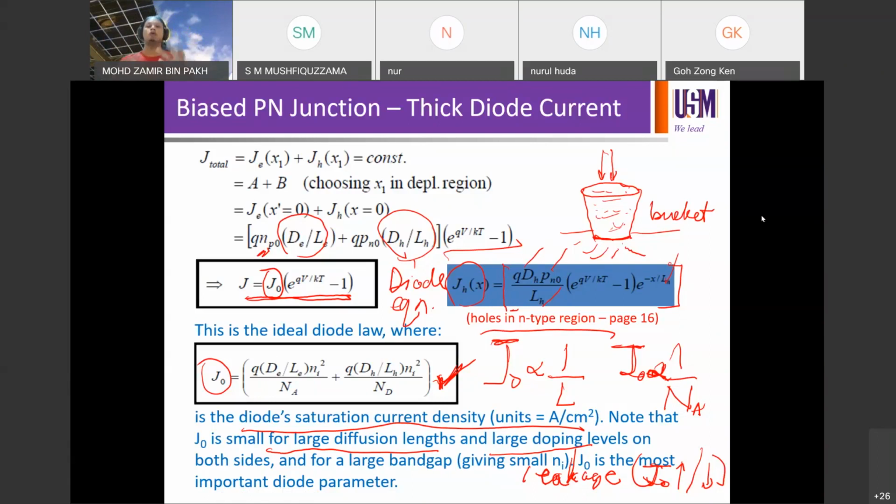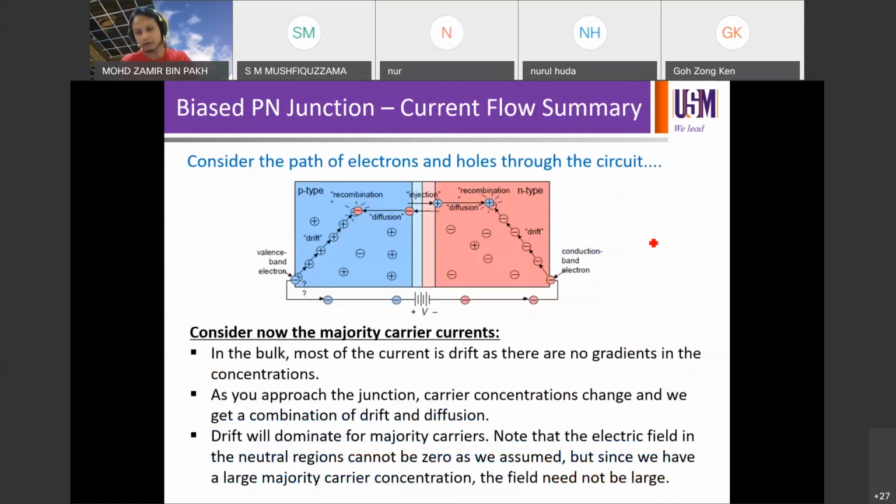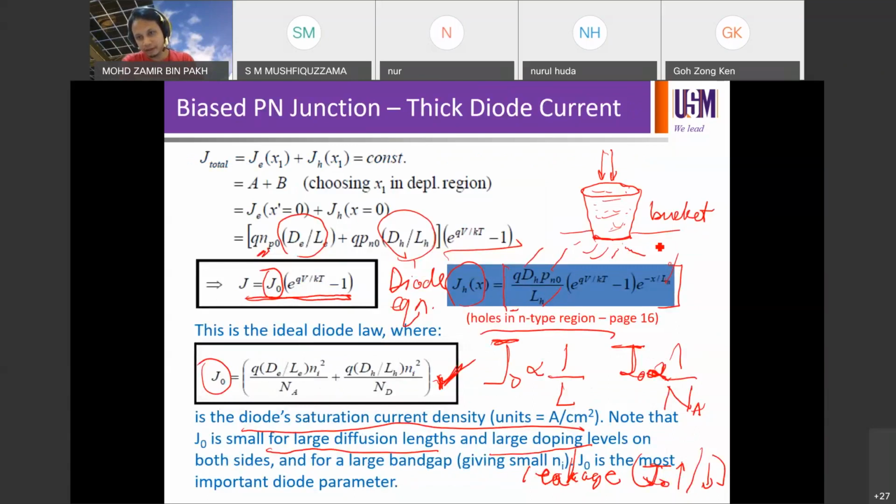There are holes somewhere in the bucket that cause the water to leak, and the leaking water is like the J naught. If I could find the reference again, I'll show you. I'll put it on e-learn later on, right? So the leakage current is like the J naught, and what you have in the bucket is like the J from the diode equation there.